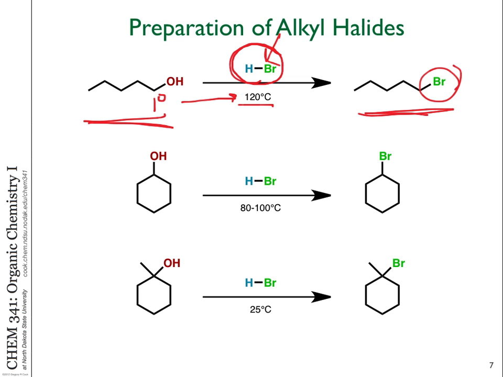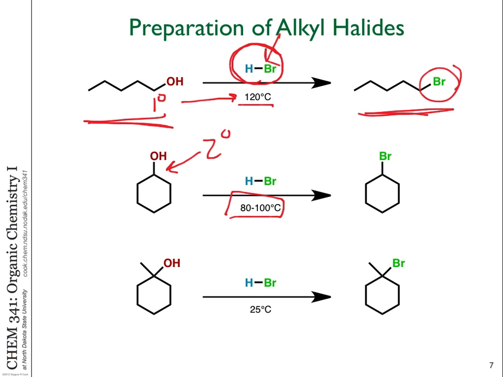If you go to cyclohexanol, this is now an alcohol on a secondary carbon, so we would refer to this as a secondary alcohol. It's more substituted. You notice the reaction goes at a little bit lower temperature. At 80 to 100 degrees, the reaction will proceed.